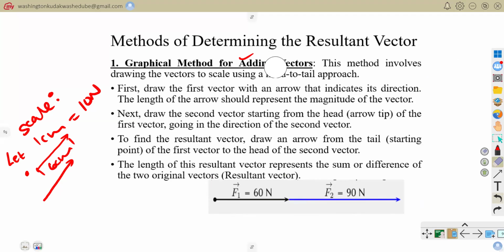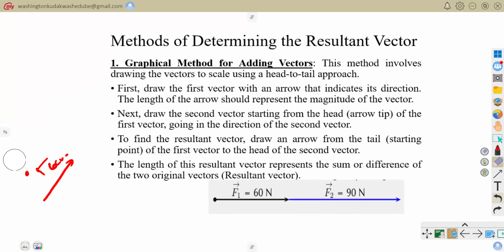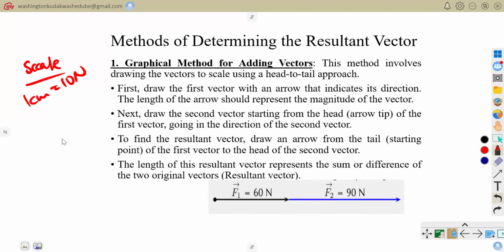Initially you choose your scale. That is the rule of drawing a vector. If your scale is 1 centimeter equals 10 Newton, and you have a 60 Newton force going towards the east and a 90 Newton force going towards the east, you start by drawing the first vector, F1, which is represented by 6 centimeters.